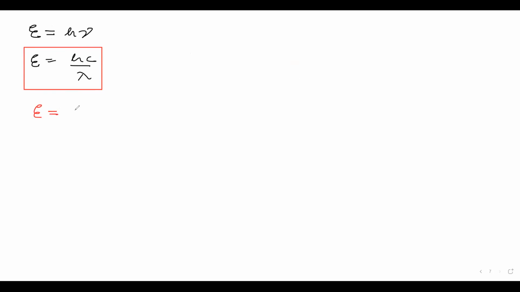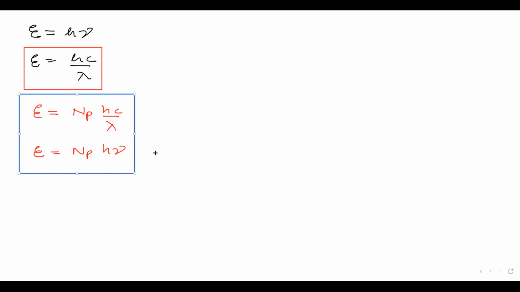The total energy will be equal to the number of photons into Hc upon lambda, or you will write E is equal to number of photons into H into nu. Is that clear? So you will write here for one photon, and this will be for n, for multiple photons.